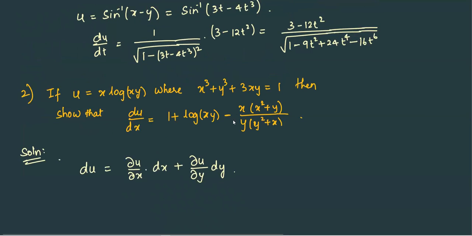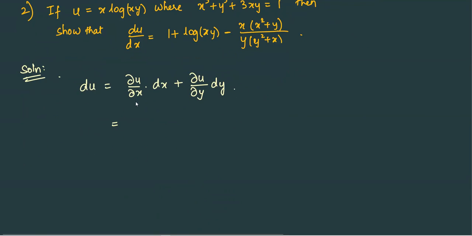So the derivative of u with respect to x, this is the UV rule we can apply. So we get log of xy into 1 plus x times 1 upon xy times the derivative of xy with respect to x, which is y, dx, plus the partial derivative with respect to y, treating x as constant.